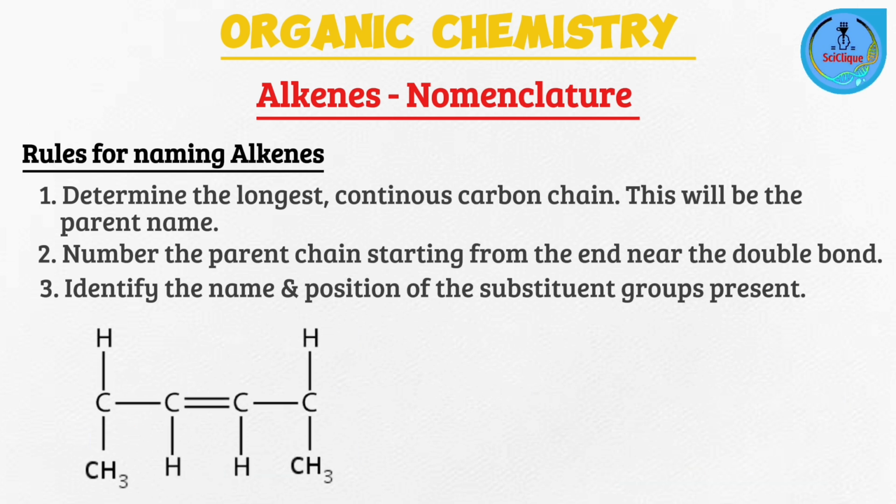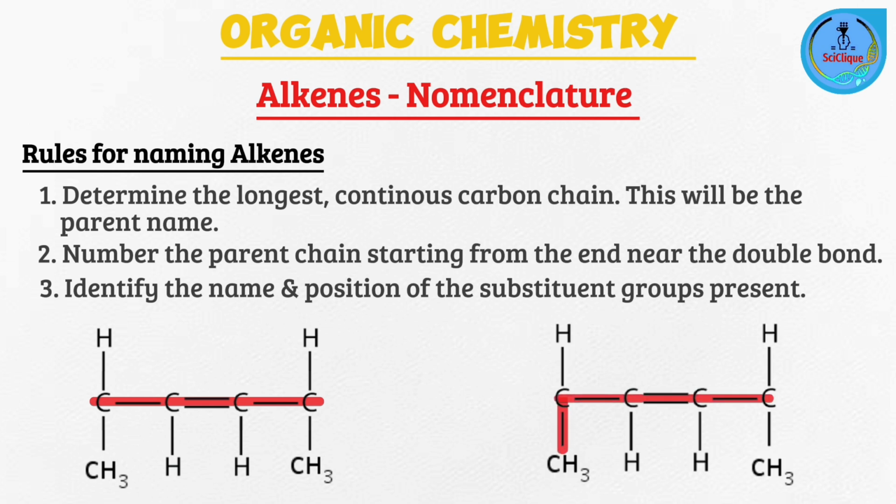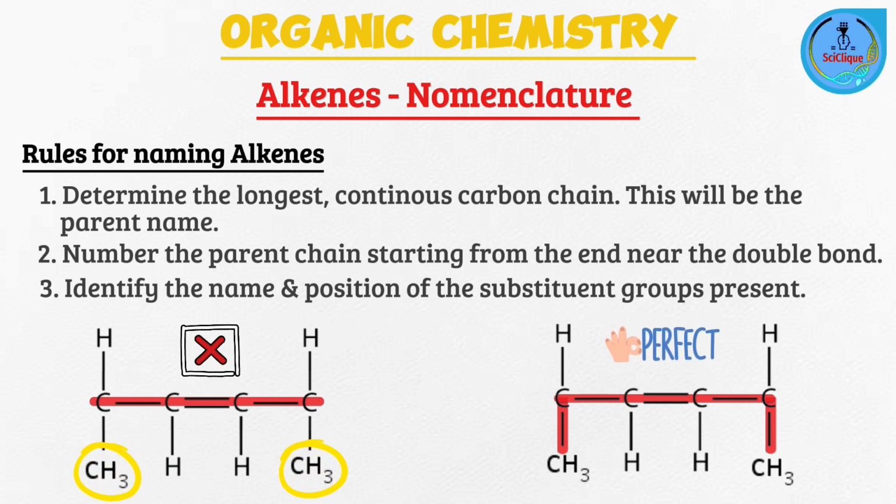Now, let's do another example. So, what is going to be our longest continuous carbon chain? Is it going to be that? Or is it going to be that? It's actually going to be this, okay? So you cannot have an alkyl at the first carbon atom on either side.